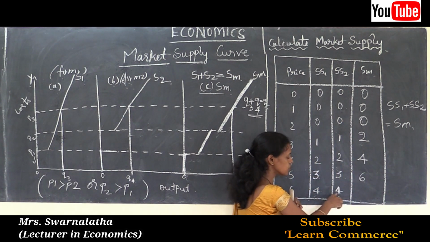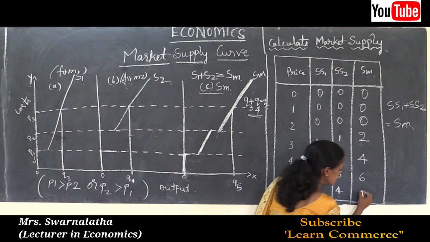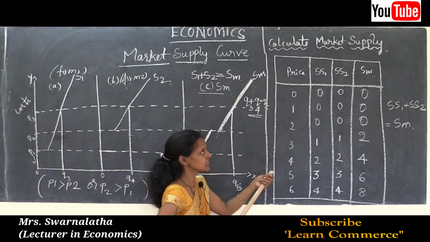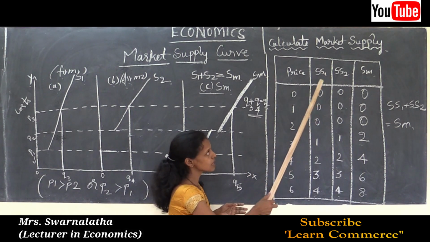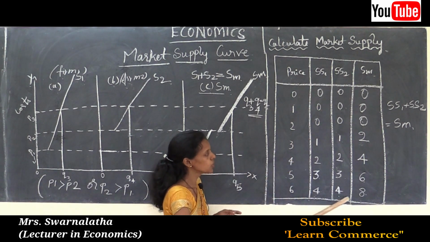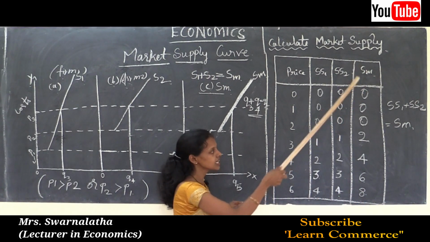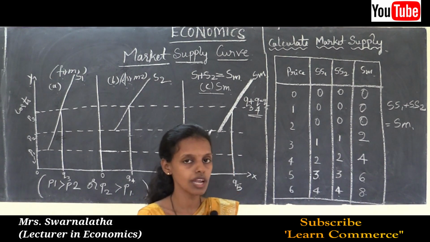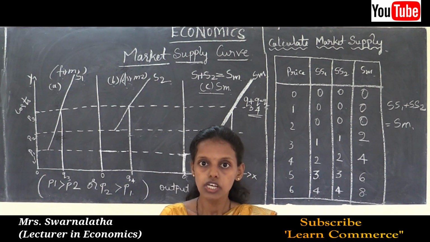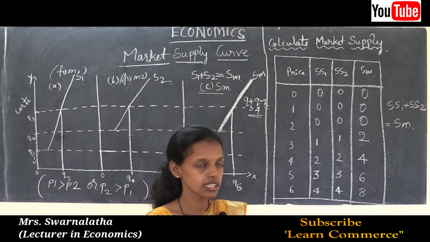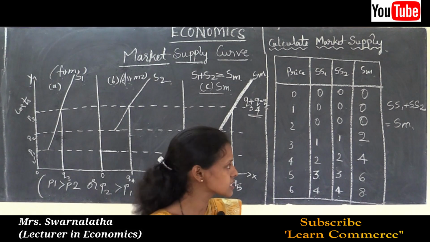So together firm 1 supply and firm 2 supply form the market supply, that is 8. Thus by adding the supply curve of firm 1 and the supply curve of firm 2 with horizontal summation, we get the market supply. So this is about how to calculate the market supply. Different calculations for your understanding I will give in the assignment section.